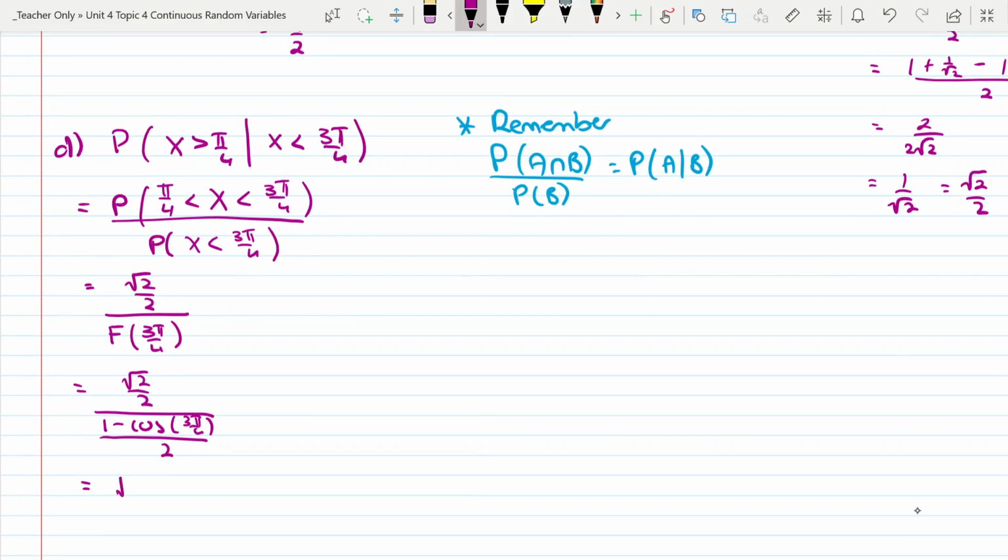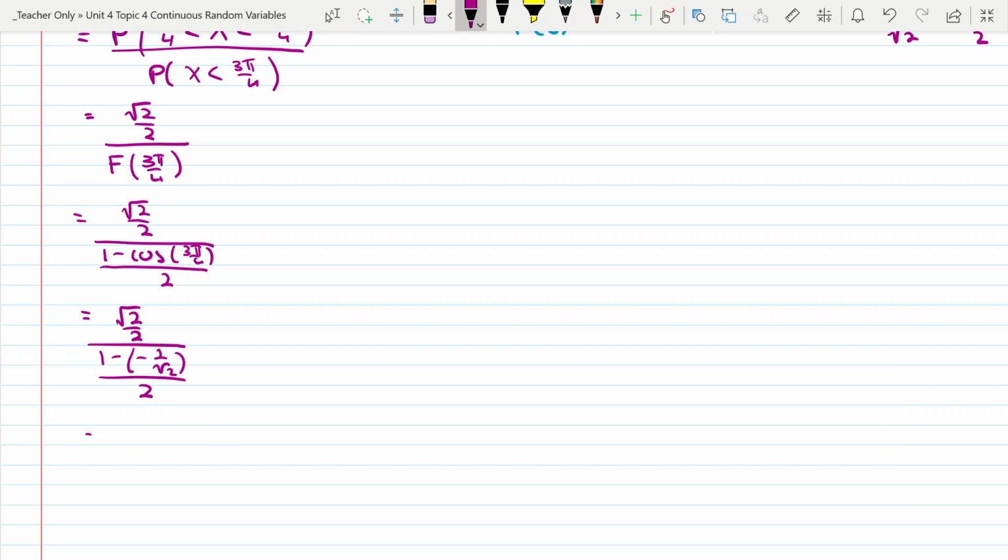And that's equal to root 2 on 2 over 1 minus negative 1 over root 2 on 2. And that gives me root 2 on 2 over root 2 plus 1 over root 2 all over 2.